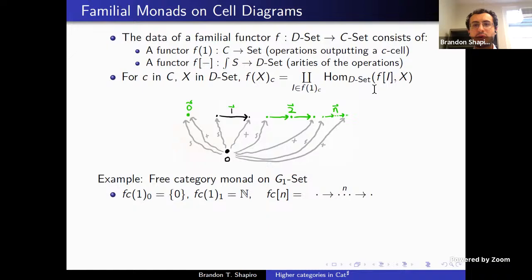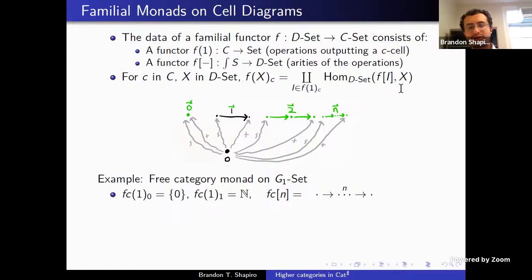And so we see in this form, if you want to send a graph to its free category as a graph, then you take this, for edges, for instance, again, you take this disjoint union over all of the different path lengths, and you identify all of the paths of that length in X using graph homomorphisms.